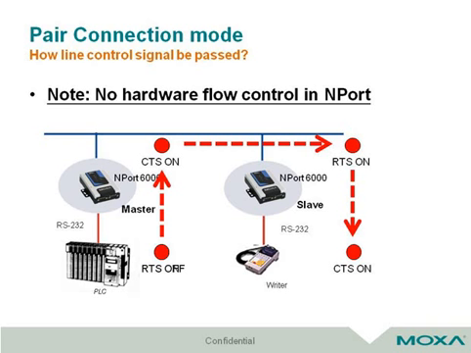And then, the left NPort will send data to the right NPort to set RTS on. Once the right NPort RTS is on, the CTS on the writer will be on. This is the behavior that makes the signal transparent.